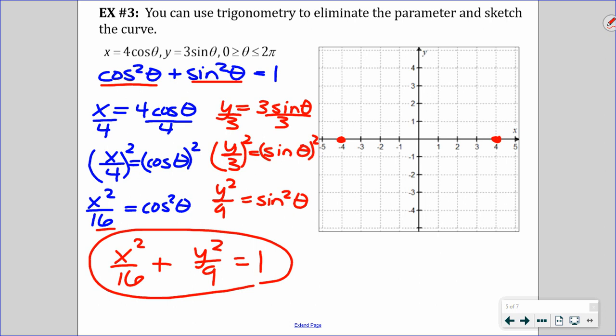And then because the 9 is under the y squared, if I square root the 9, I end up with +3 and -3 along the y-axis. And then basically, if you just connect the points, your ellipse looks like this. So this is the graph of an ellipse.